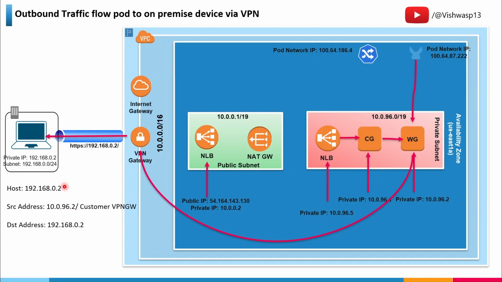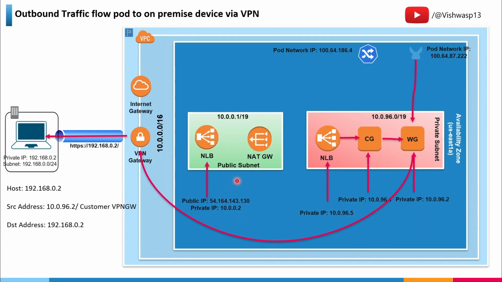So the request will be like HTTP 192.168.0.2. Let's assume there is a REST API hosted by this device. So it will call HTTP 192.168.0.2 and whatever the endpoint is, and that would be the host, right? The destination will be 192.168.0.2 and the source would now be 10.0.96.2.